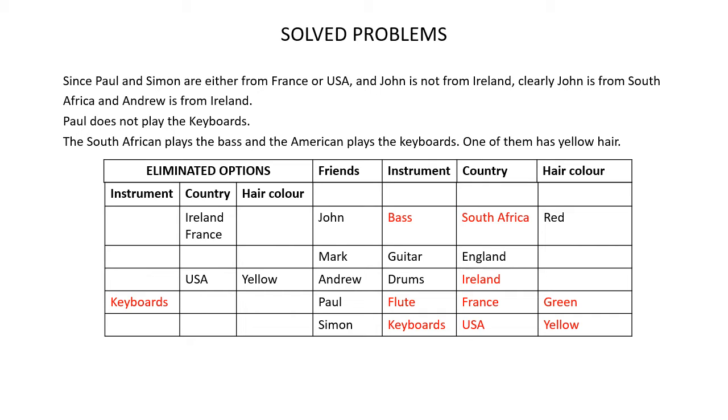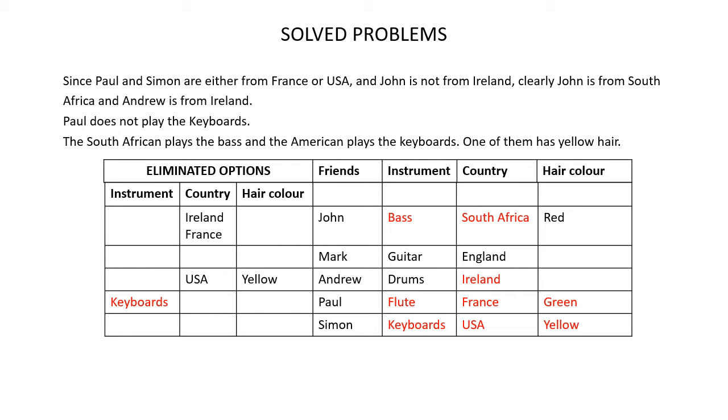And the country left is Ireland. So Andrew is from Ireland. So now we have John is from South Africa, Mark is from England, Andrew is from Ireland, Paul and Simon are from either France or USA.